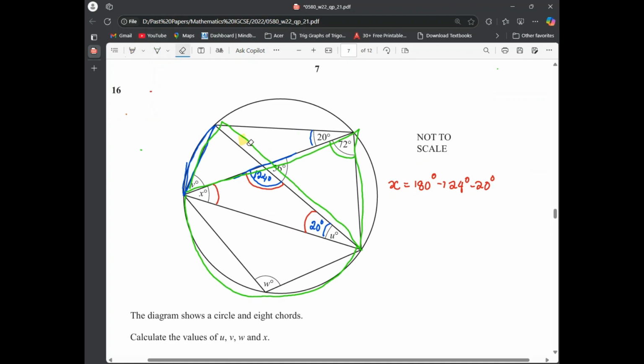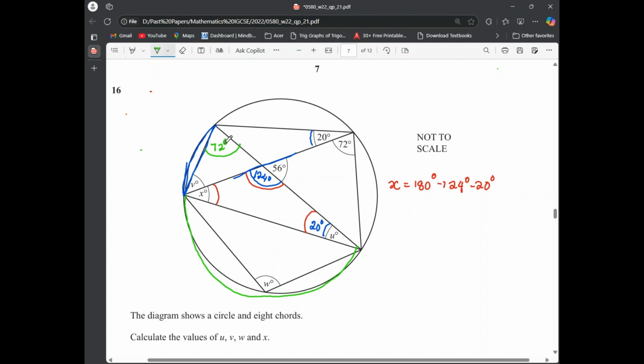So I can see that that 72 degrees subtended by that green arc will be the same as this angle here. They're both angles subtended by the same arc. So that's going to be a 72.